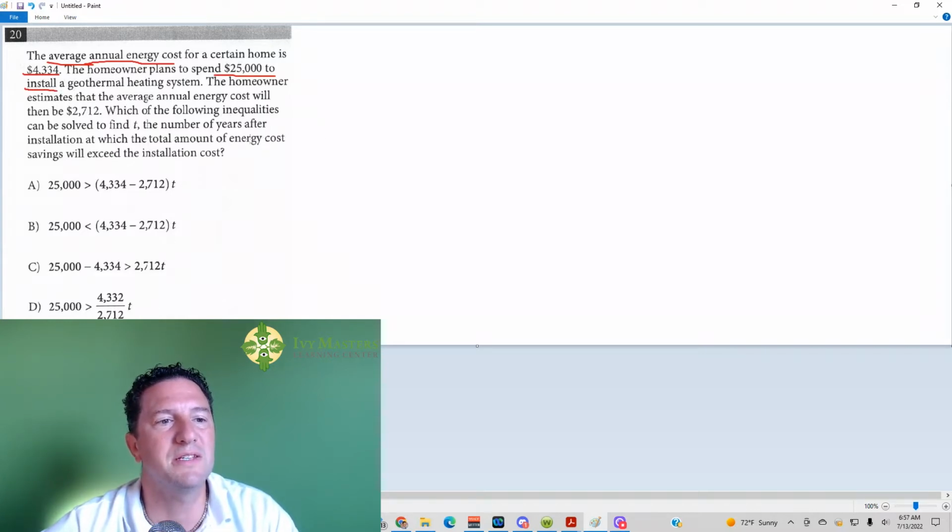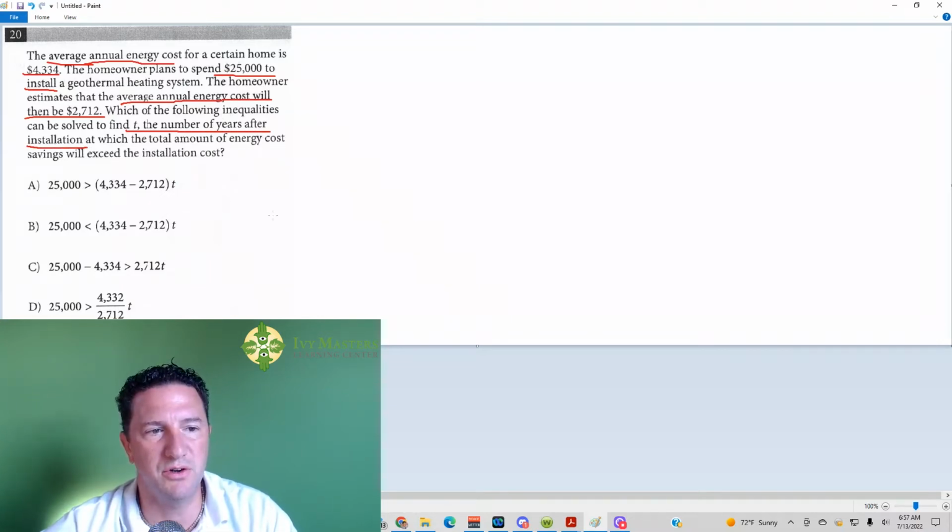The homeowner estimates that the average annual energy cost will then be $2,712. Which of the following inequalities can be solved to find T? Always know what the variables stand for. T is the number of years after the installation at which the total amount of energy cost savings will exceed the installation cost.